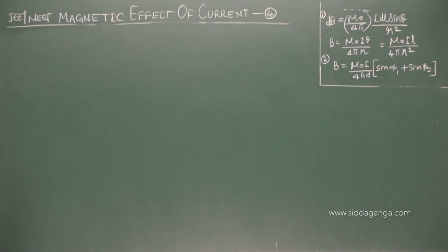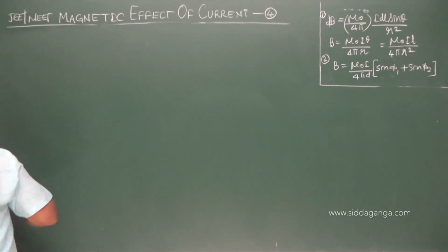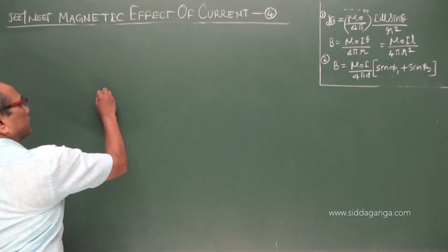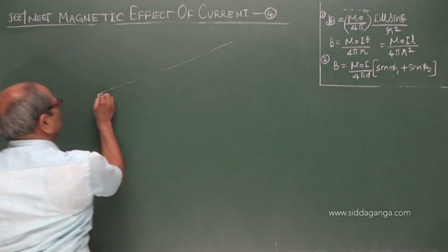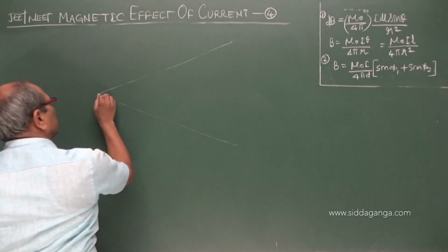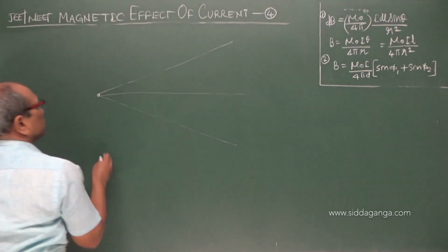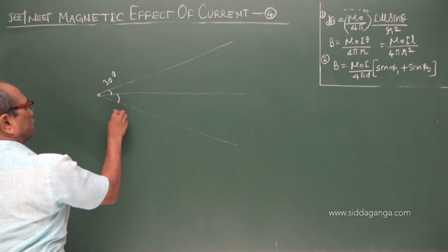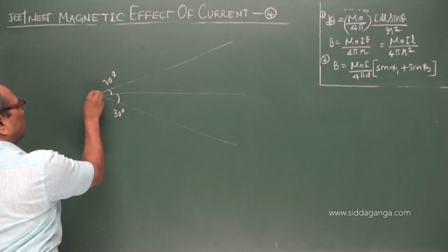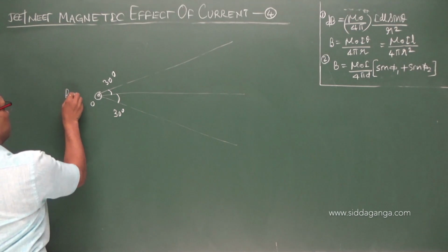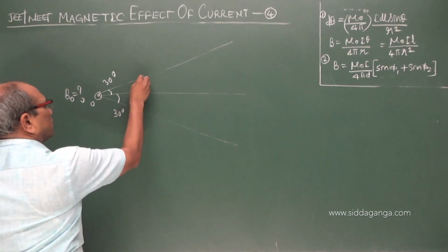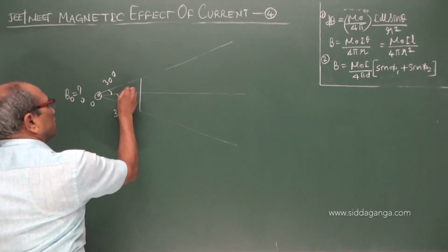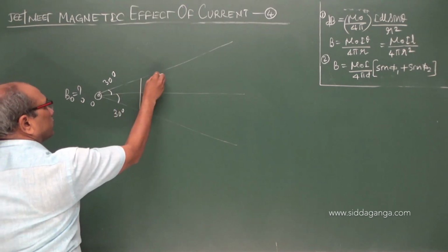Coming to the next one. So this is 30 degree and this angle is also 30 degree. At the point O, you want the magnetic field here. The lines are equidistant from that.